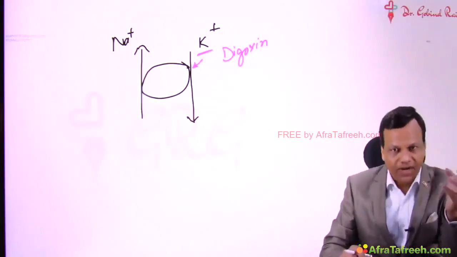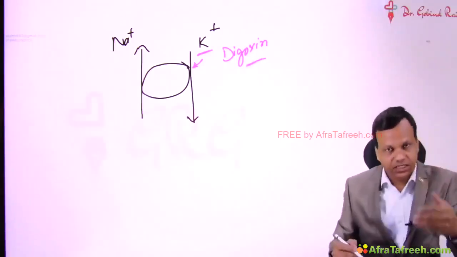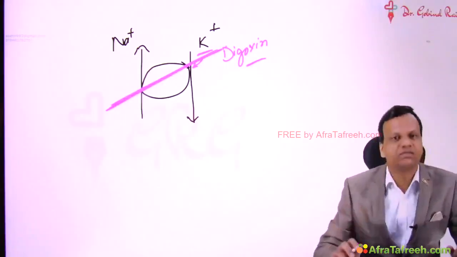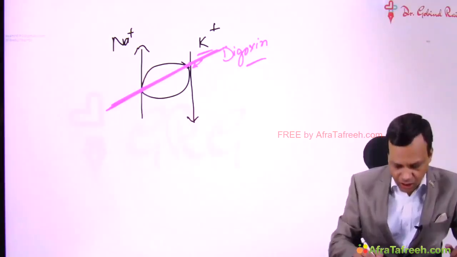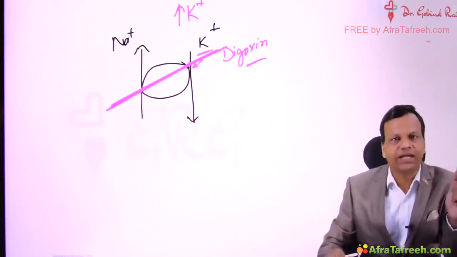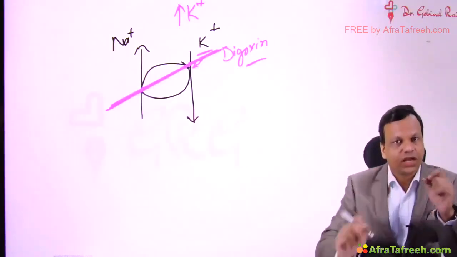This is one thing. But you need to be very careful. If toxicity occurs, in case of severe toxicity, when digoxin has already blocked this pump, what happens is potassium will not able to enter. When potassium is not able to enter, it will stay in the blood, so that lead to hyperkalemia. So read very carefully, these are two opposite things.